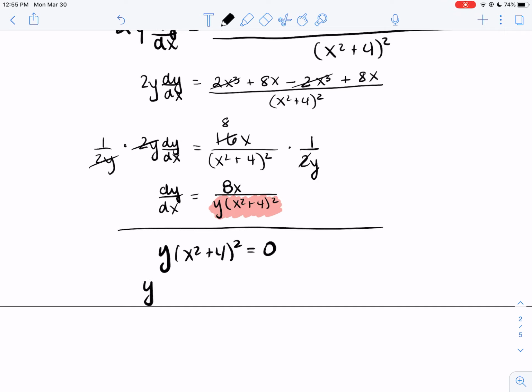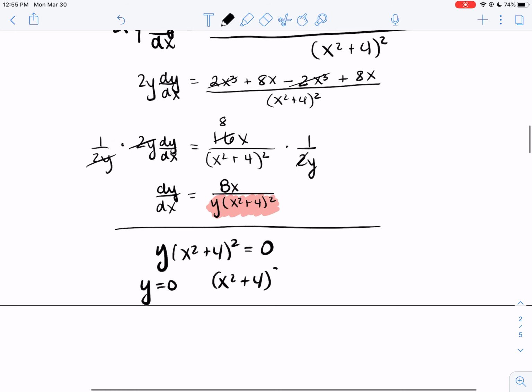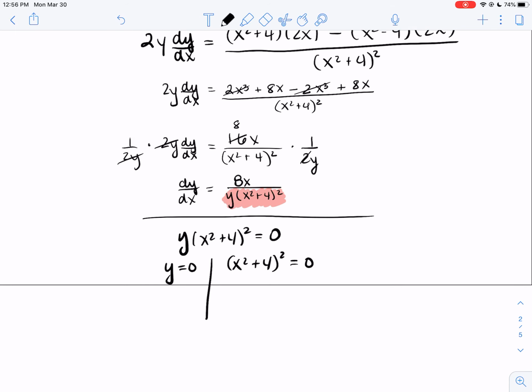That would mean either y would have to equal 0, or x squared plus 4 squared would have to equal 0. If we look at the first case, we already have y equals 0. In the second case, however, x squared plus 4 squared will never equal 0. That's got to be a positive number. Therefore, there's no solution.